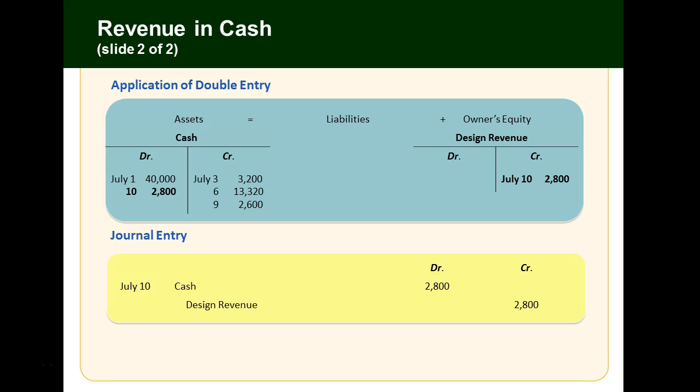So do you see our journal entry? Cash is debited, $2,800. Design revenue is credited, $2,800. So do you see how for every journal entry, we have a corresponding entry with the transaction in the T accounts here.